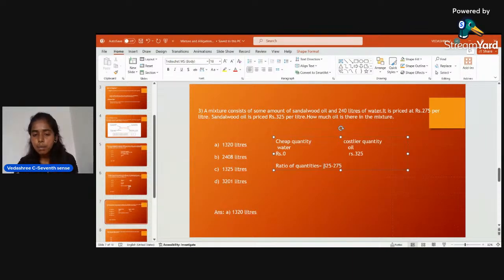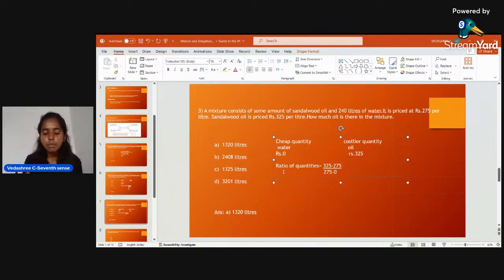Next, the mean price minus the cost of the cheaper quantity, that is 275 minus 0.